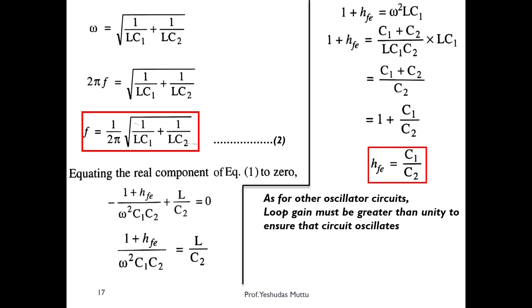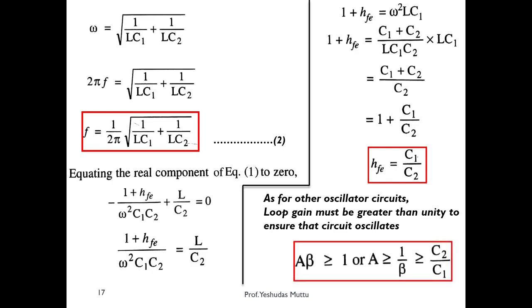So loop gain must be greater than unity so that the circuit maintains the oscillations. If at all you remember, to start the oscillation I will make A beta greater than 1. Then the circuit is going to adjust by itself to maintain oscillations, A beta is equal to 1. I mean the Barkhausen's criteria. So let us make use of that.